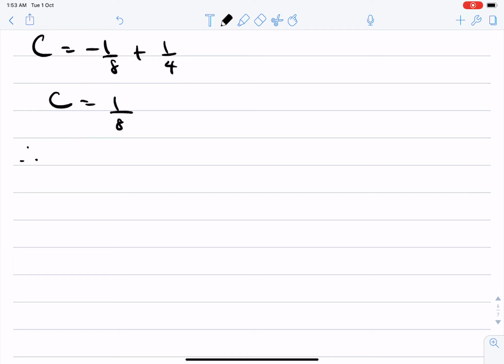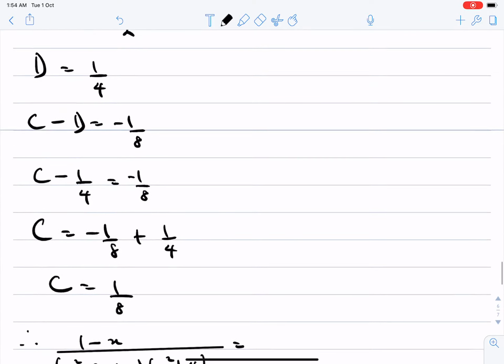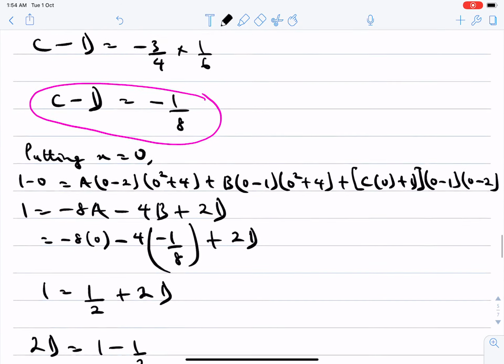Now the compound fraction 1 minus x divided by x squared minus 3x plus 2 times x squared plus 4 is the same as ax plus b. What is a?